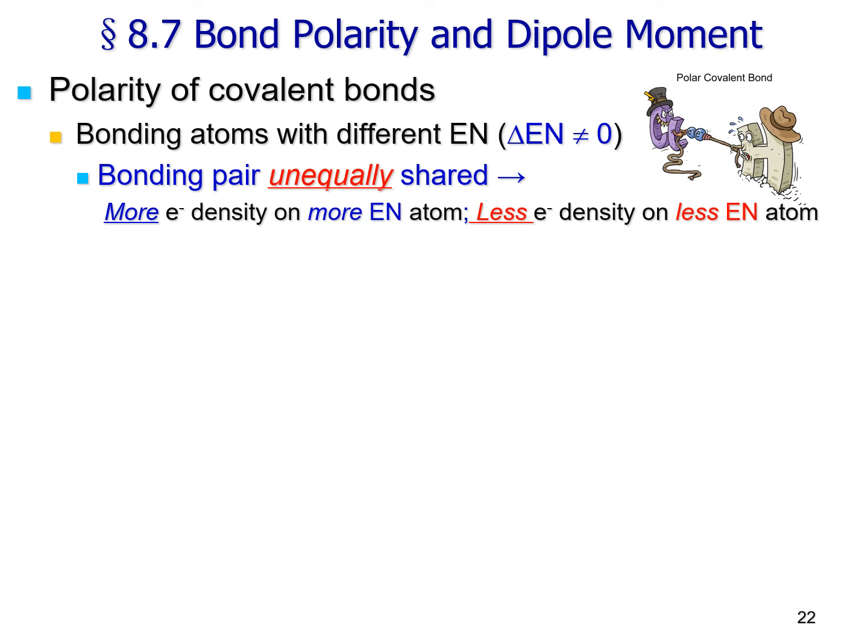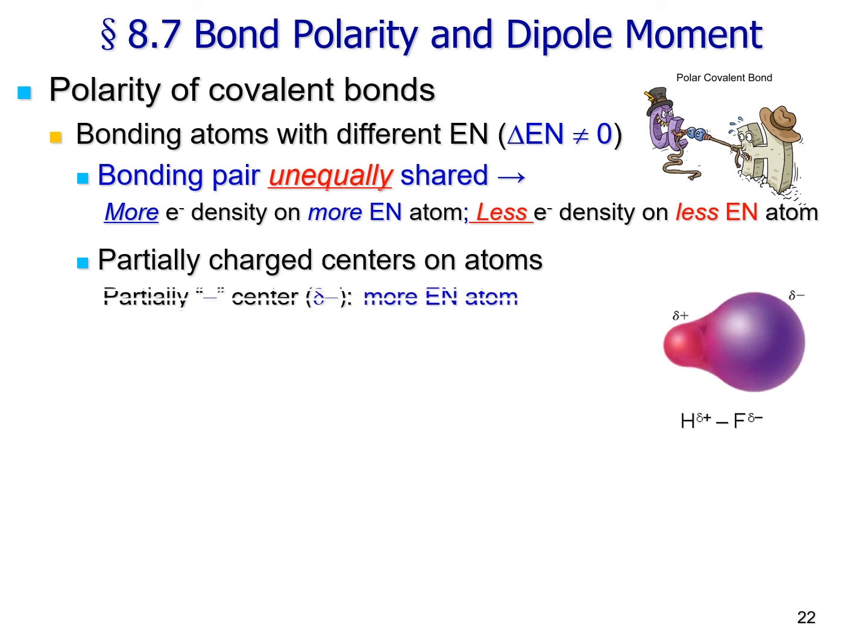As a result, there's going to be more electron density on the atom with the higher electronegativity, less electron density on the atom with the lower electronegativity. More electron density means more negative charge, because electrons are negatively charged species. So such an atom must carry some kind of negative charge.